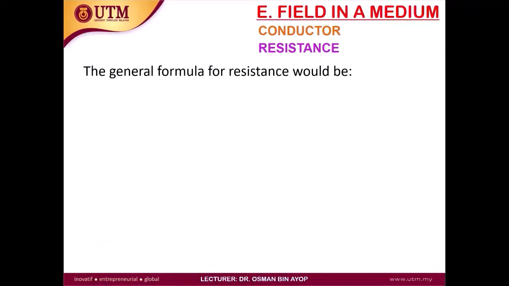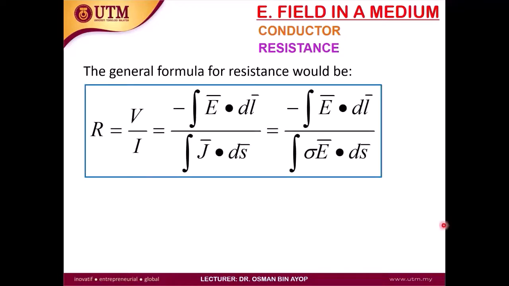Alright, the general formula for resistance would be R equal to V divided by I, which is equal to negative integration of E dot dl divided by integration of J dot ds, so equal to negative integration of E dot dl divided by integration of sigma E dot ds.